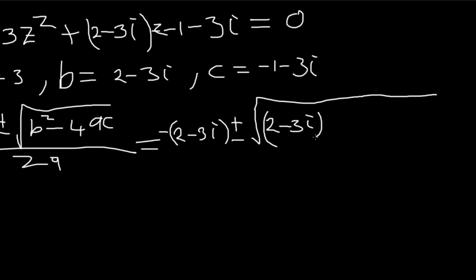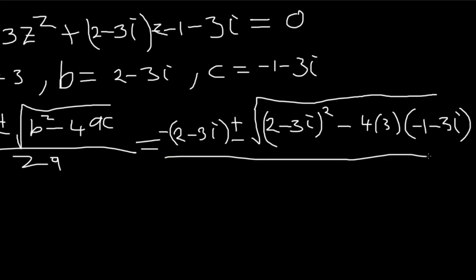So the square root of B squared minus 4, and then my A is 3, 4A. Then my C is negative 1, negative 3i. This is my C. Then everything over 2A.